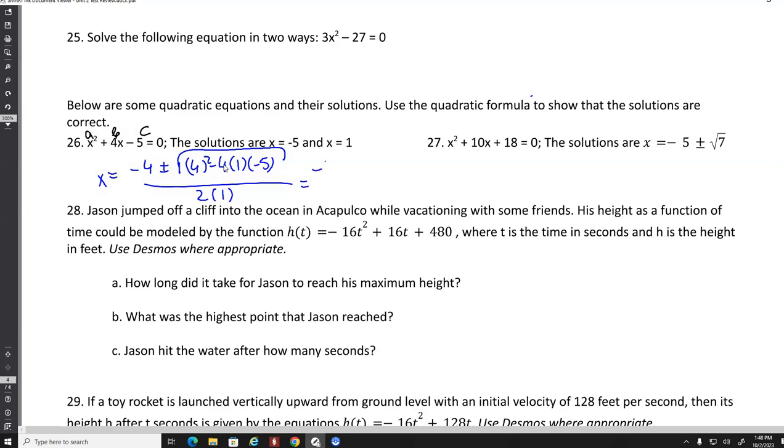Now, this is still negative 4 plus or minus. And of course, underneath the radical, when we simplify this, we get 4 squared minus 4 times 1 times negative 5. So here we get 36 over 2. So we get negative 4 plus or minus 6 over 2.